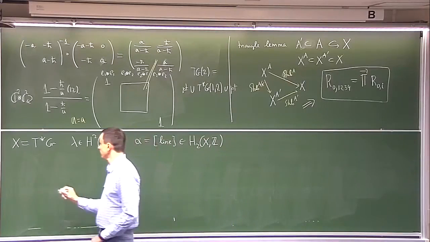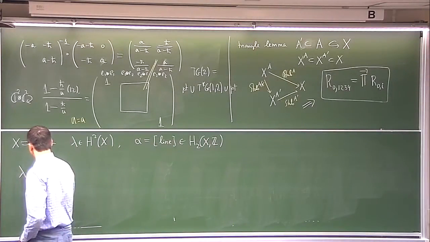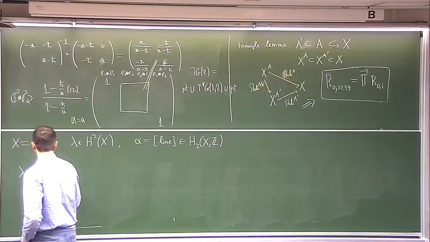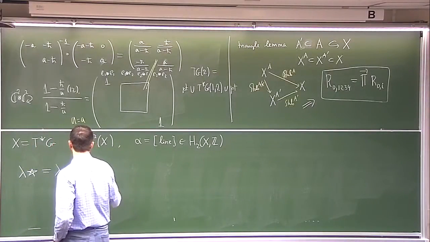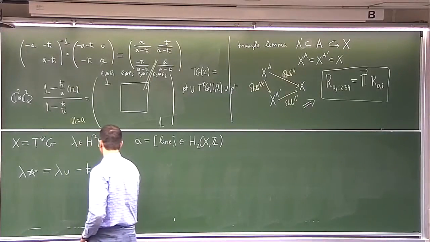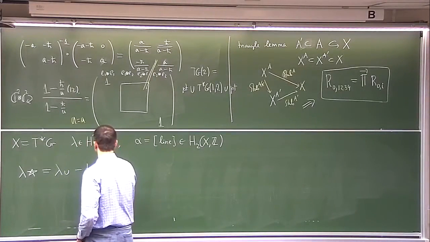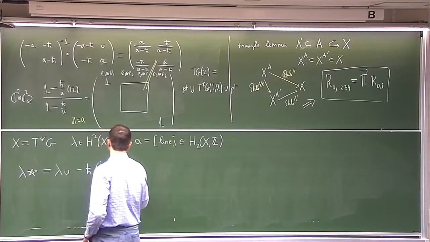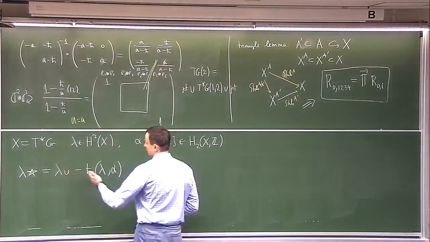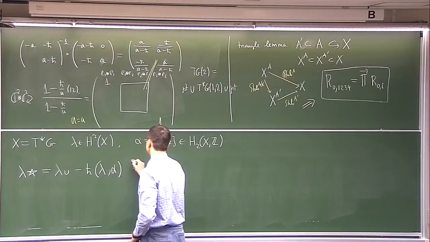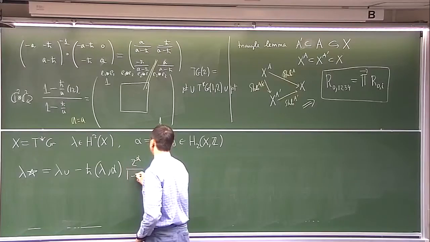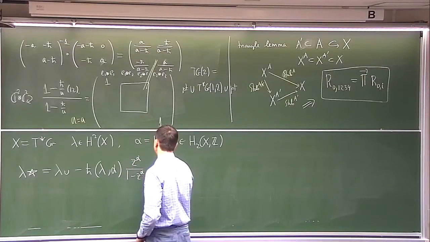And the formula we had for the quantum product by lambda has to do with the cup product, minus h bar. Here comes, you pair alpha, and it has to be linear in lambda, so this is the natural pairing of these two spaces. Then there's z to the alpha over 1 minus z to the alpha, and then comes the operator.